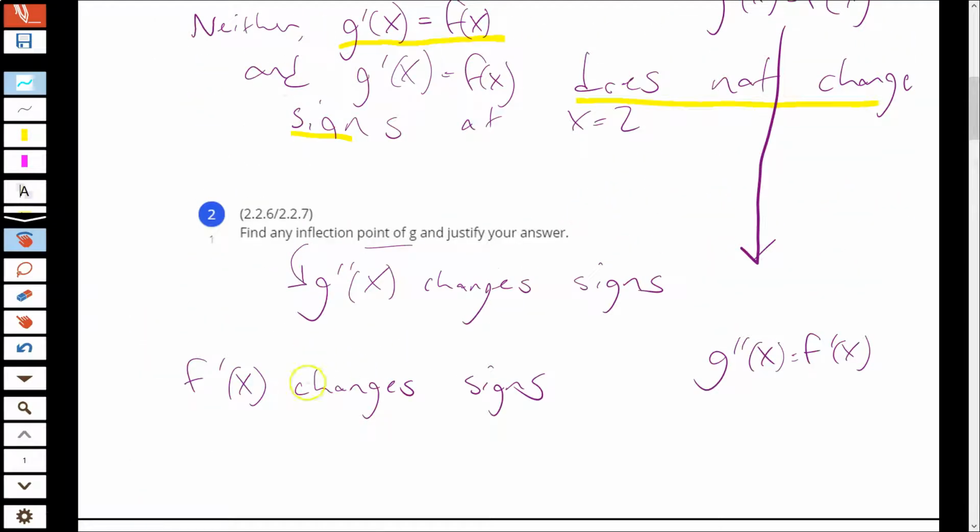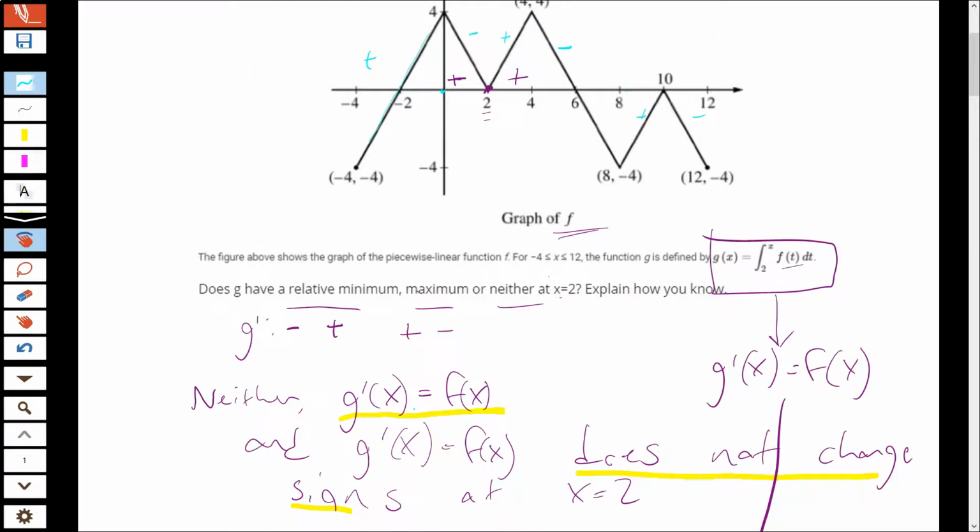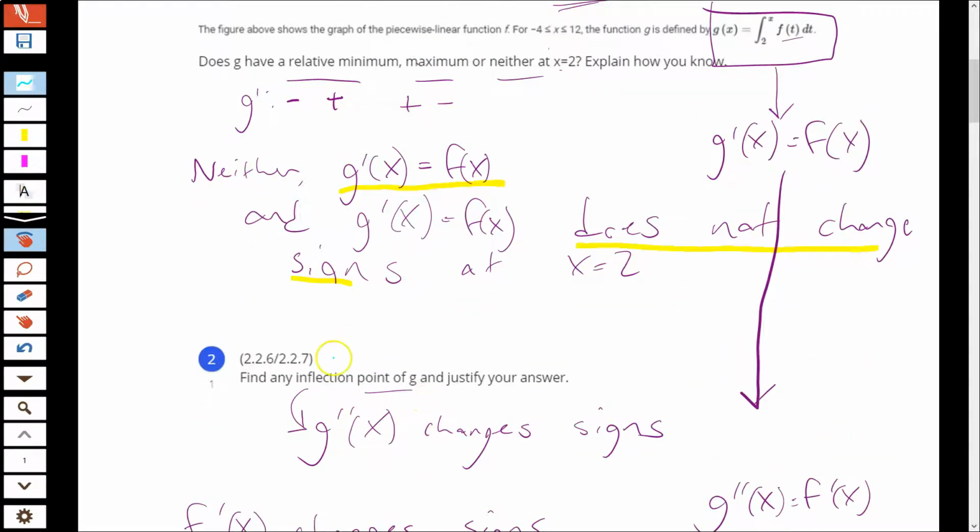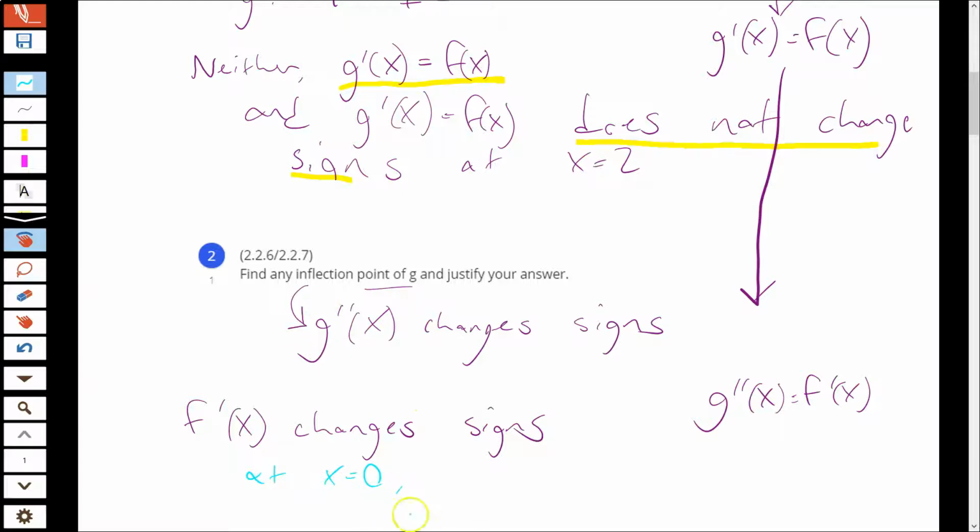So x equals 0, x equals 2, and x equals 8. So these are inflection points of G.